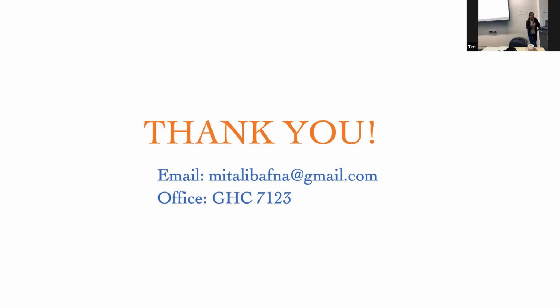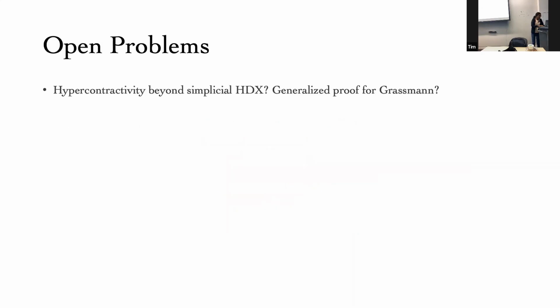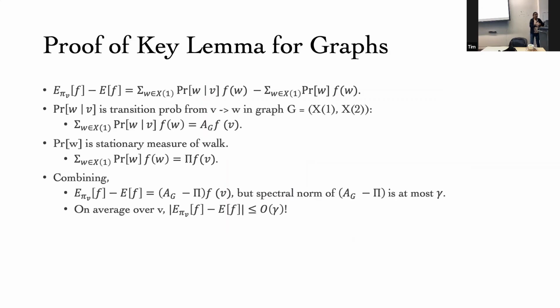So you need the top eigenspace of the random walk to have a small 2 to 4 norm. Not in this proof. Sorry, in this proof, we just need it to be at most gamma. This is the kind of lemma we use to analyze the 4th moment to show that it's smaller than the 2nd moment.